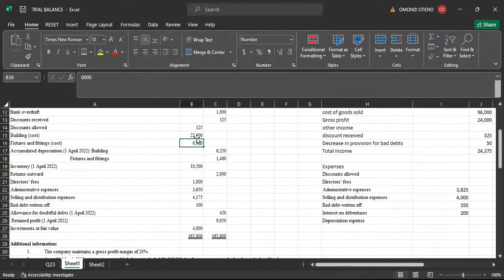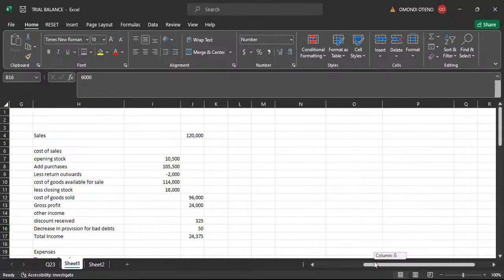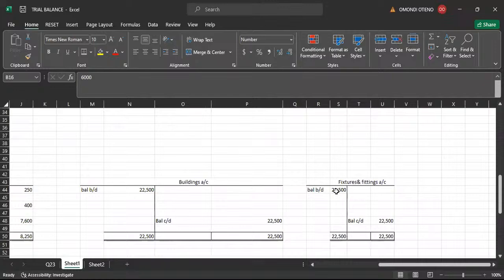So let me take the cost first. 6,000. Let me bring it here. 6,000. Then this 6,000 here is the cost, but it has been depreciated by 1,400.